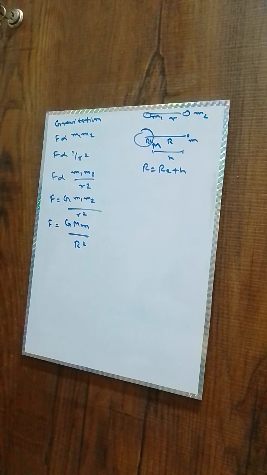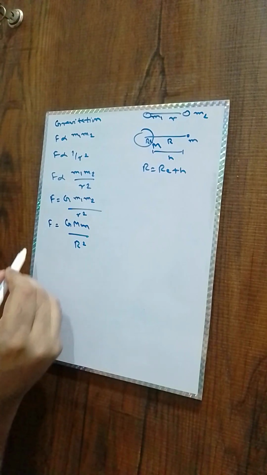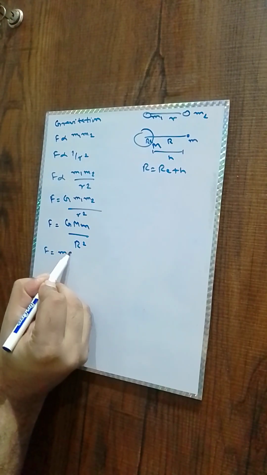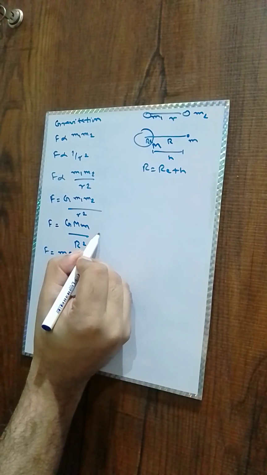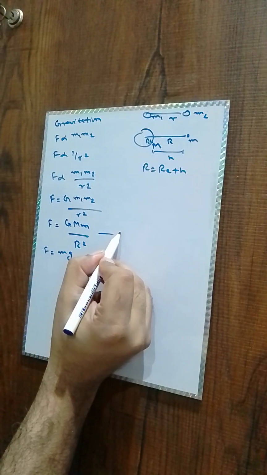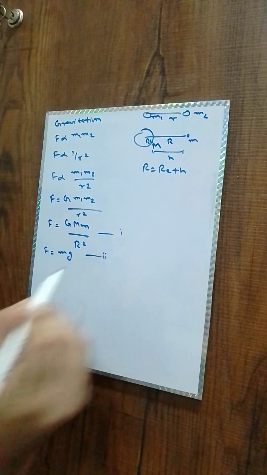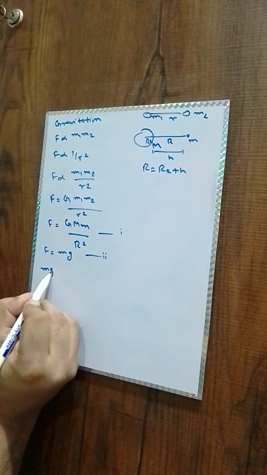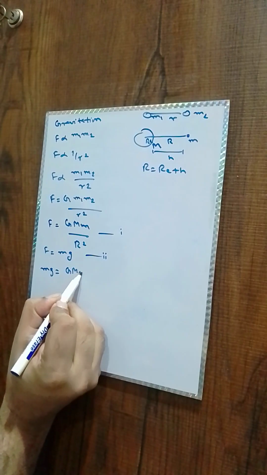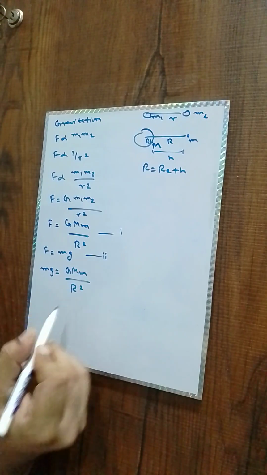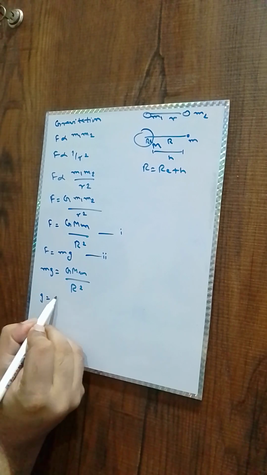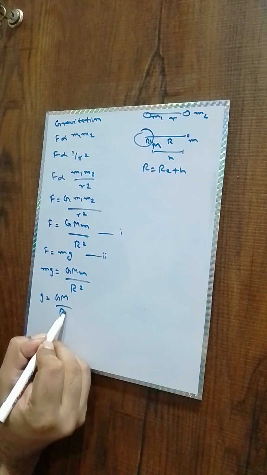So there's one more thing, which says that force exerted is equal to the weight, which is mg. So this is one form and this is the other form, and they're approximately the same. So mg is equal to G M m by r square. So m cancels out. What we get is g is equal to G M by r square.